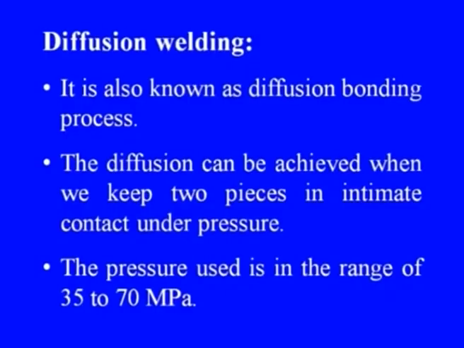Another process is the diffusion welding process. Diffusion welding is also known as the diffusion bonding process. Diffusion can be achieved when one keeps two pieces in intimate contact under pressure. The pressure used is in the range of 35 to 70 megapascal.